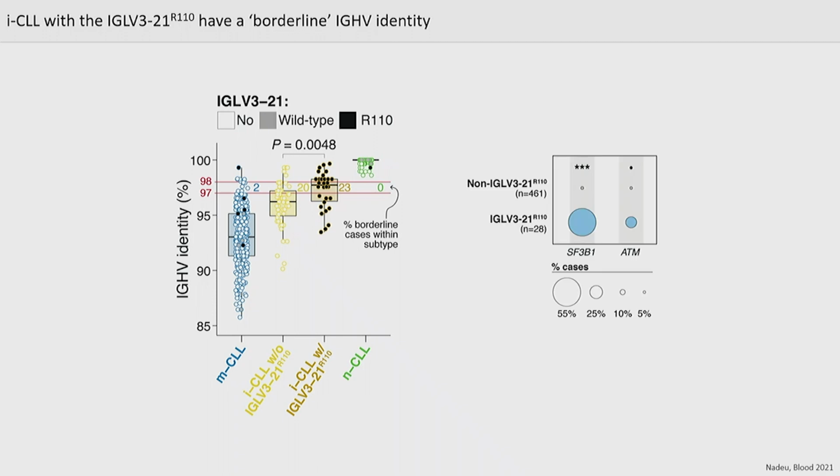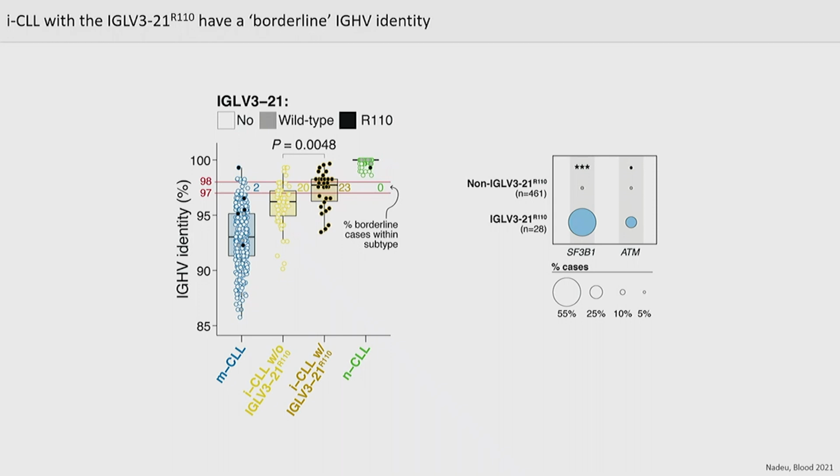Also, these cases carrying this mutation in the arginine 110 were significantly enriched in mutations in splicing factor 3B1 and ATM. So this mutation in the B-cell receptor is delineating a subtype of CLLs that is very specific, very particular in terms of genomic alterations.